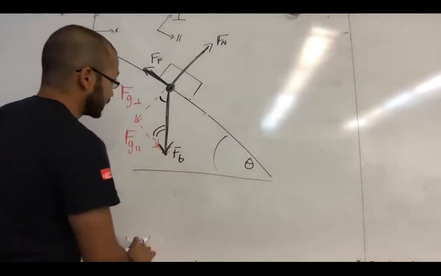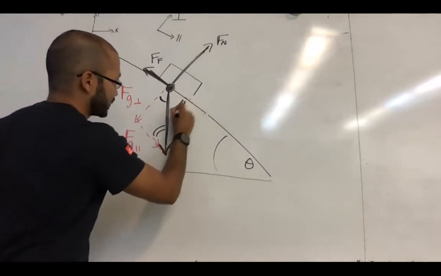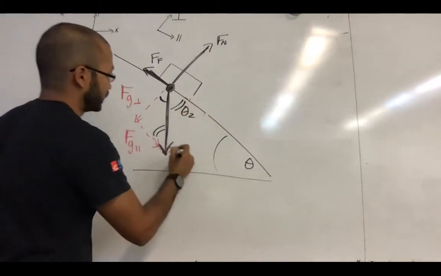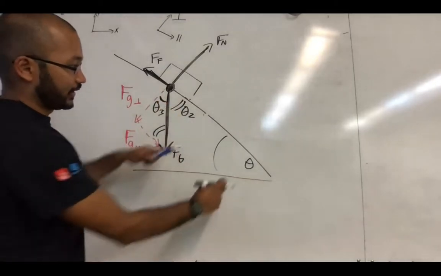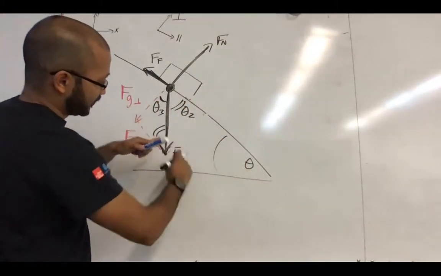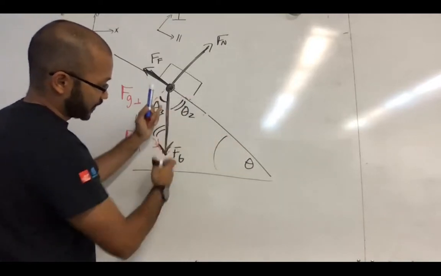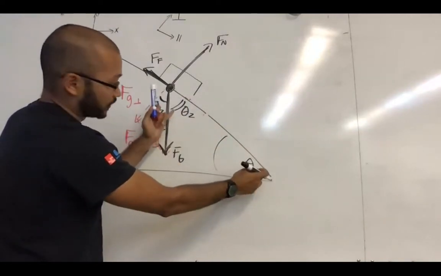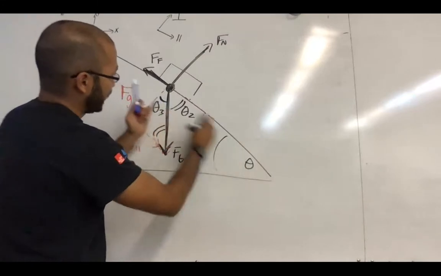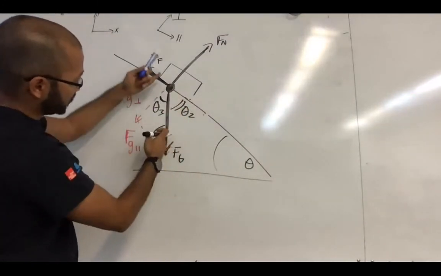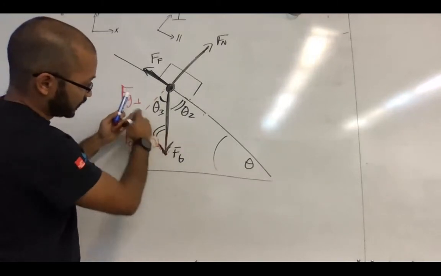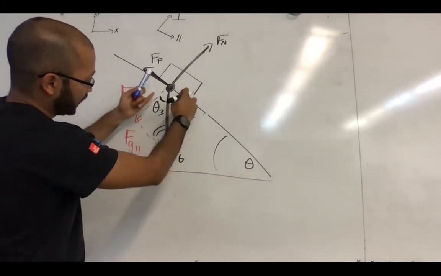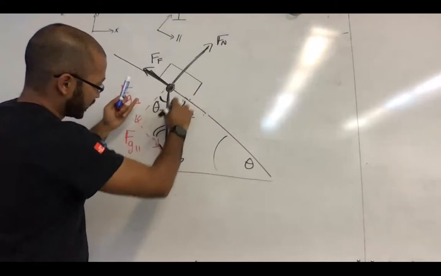What you can see is that if this is theta 2 and this is theta 3, these are two complementary angles of a right triangle. So these two add to 90. And FG and FG perpendicular are also forming this right triangle over here, and this is also a 90-degree angle.